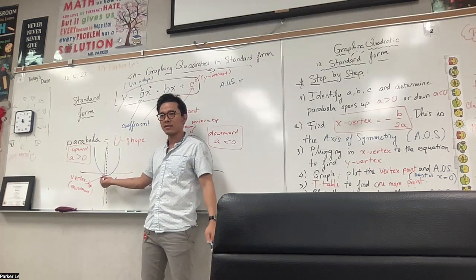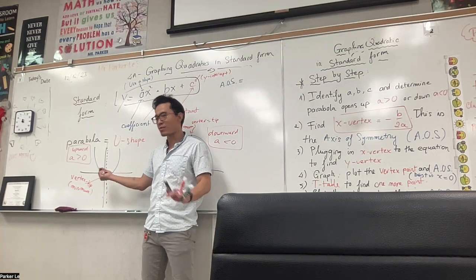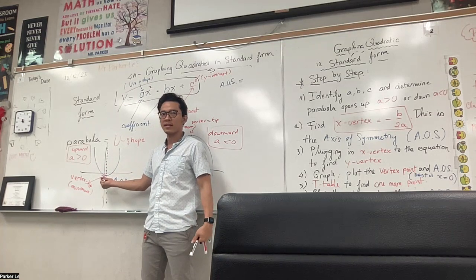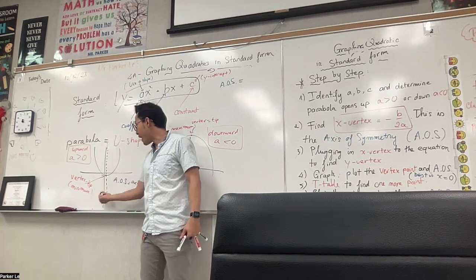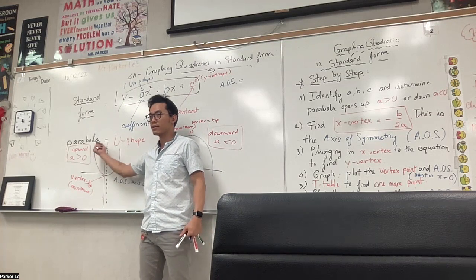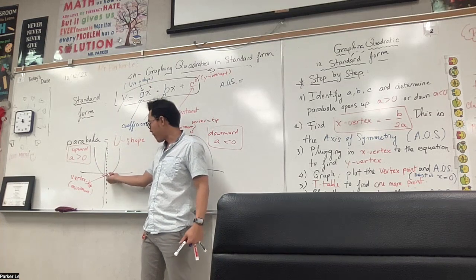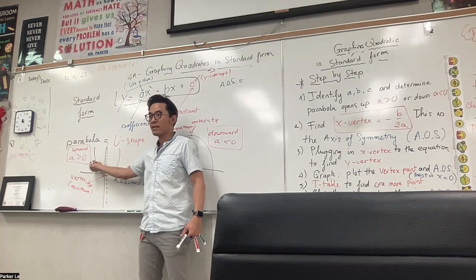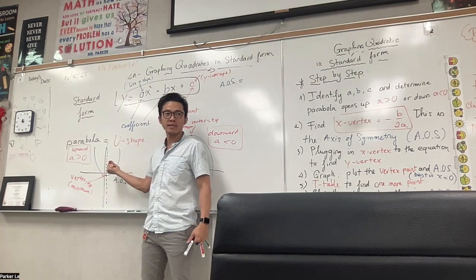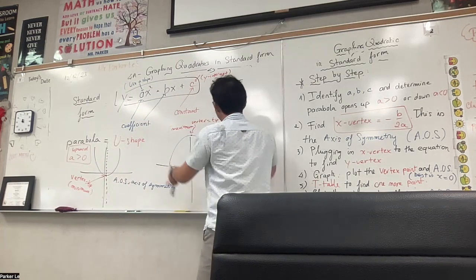Go through the vertex? No. Not really. Not close, but it's not necessary. This divides the parabola into mirror images. Everything here is going to reflect over here. Everything here reflects over here. So that's the two special things about AOS.